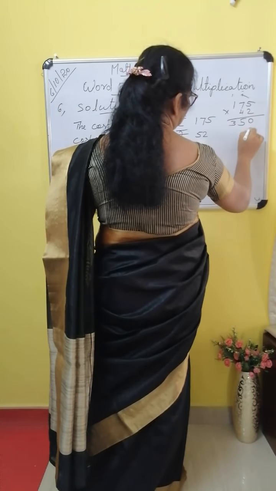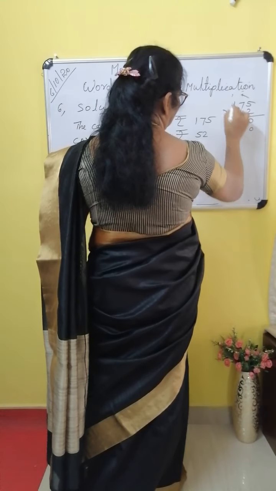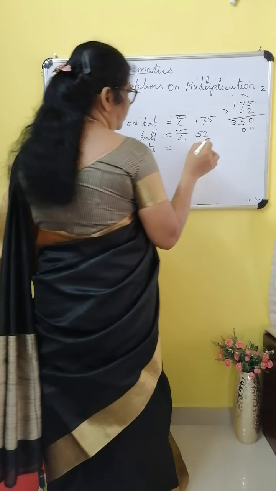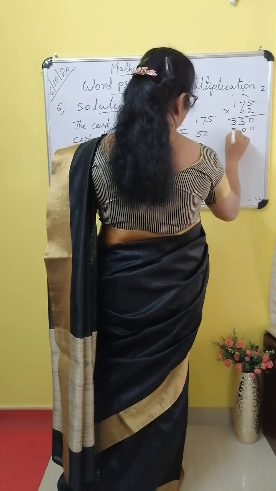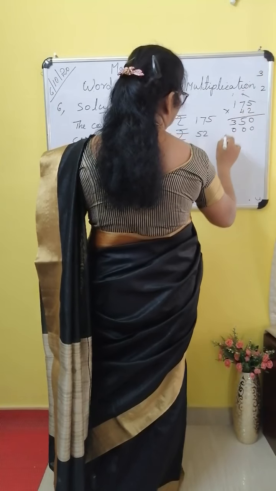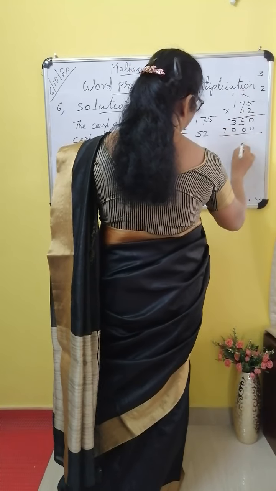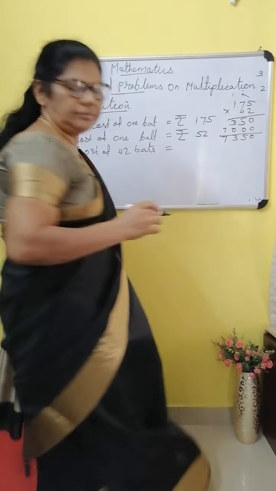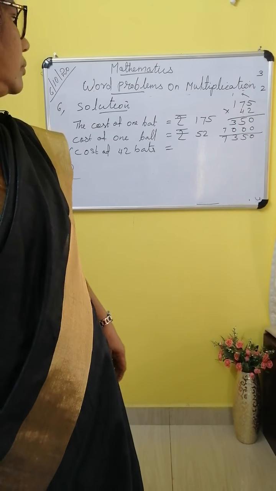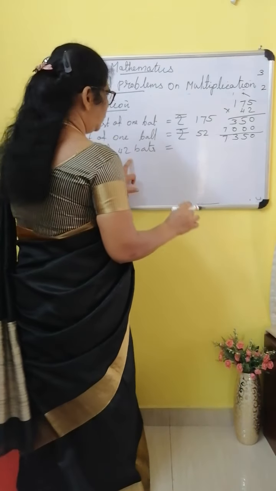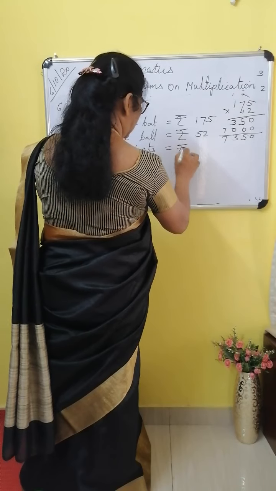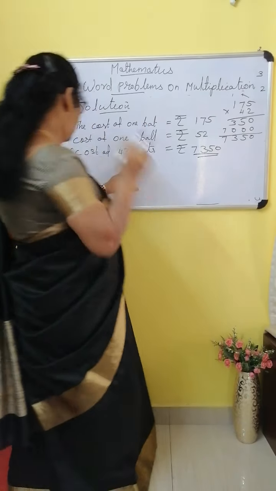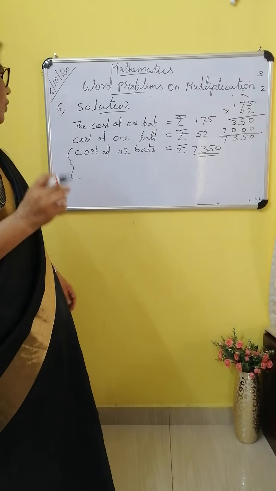Next, here put 0, 4 5s are 20, 2 remainder, 4 7s are 28 plus 2, 30, 3 remainder, 4 1s are 4 plus 3, 7. Here 0, 5, 3, 7. So cost of 42 bats rupees 7,350.